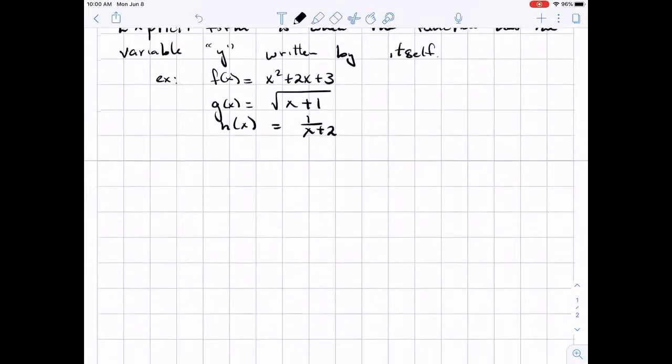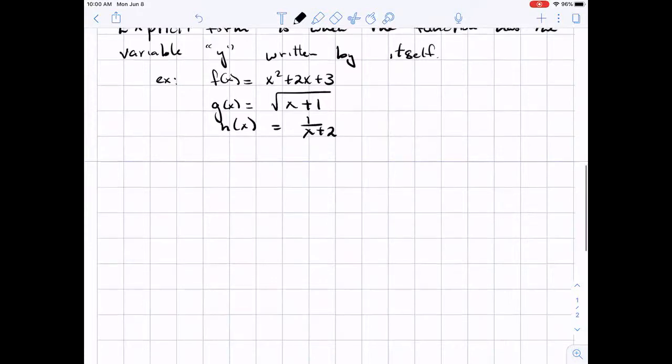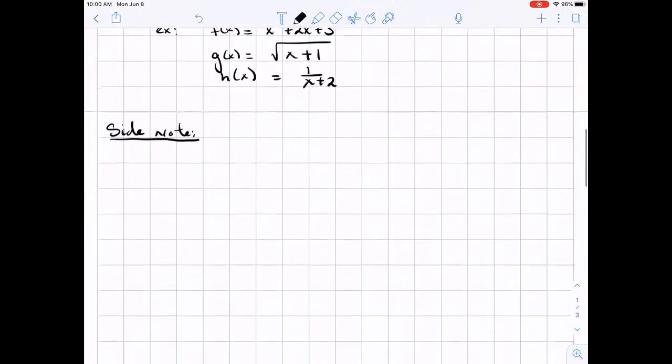Now, let's take a little side note here, to lead into the derivatives of implicit functions.